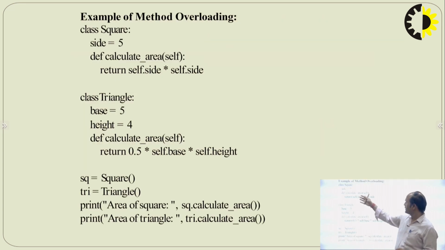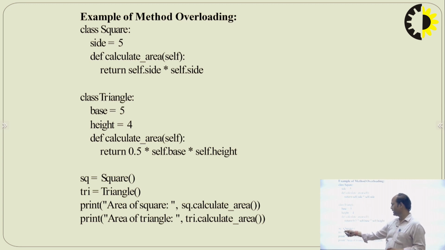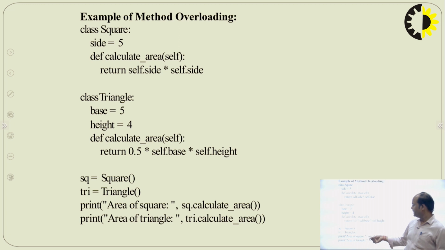We can make an object of the square class, SQ, and TRI is the object of the triangle class. After creating the objects, we can print the area of the square and the area of the triangle with SQ dot calculate area and TRI dot calculate area.